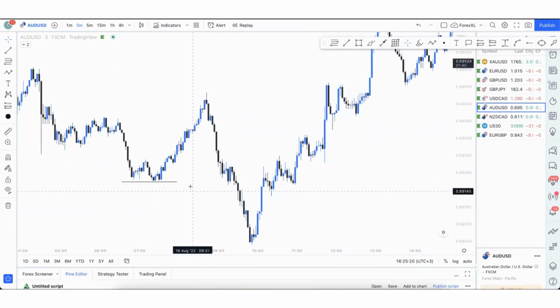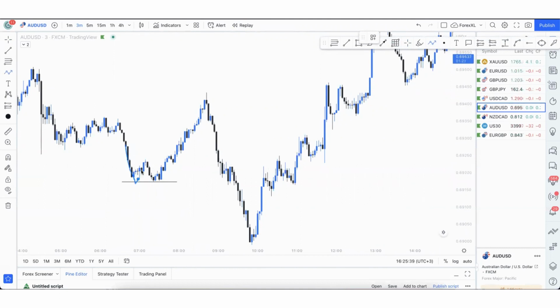But you always see how the market behaves on this kind of structure, because it will take it like what it has done on this one.